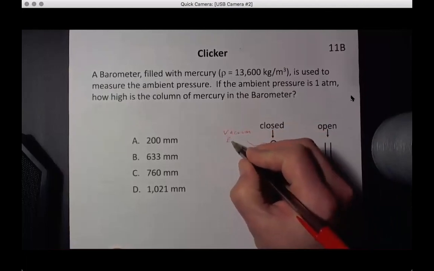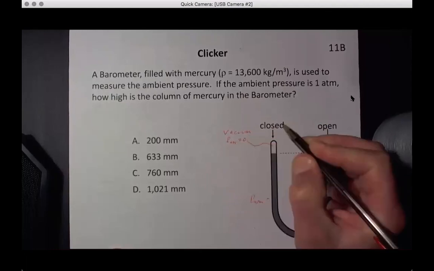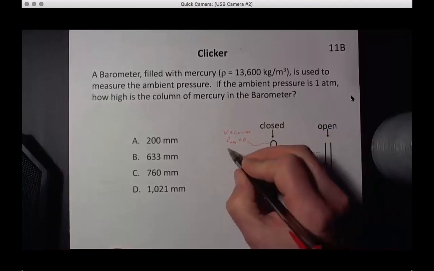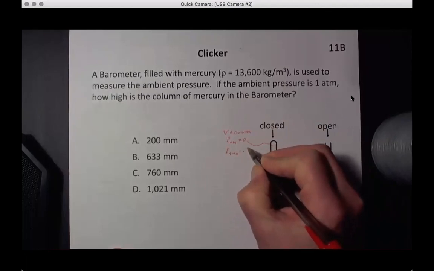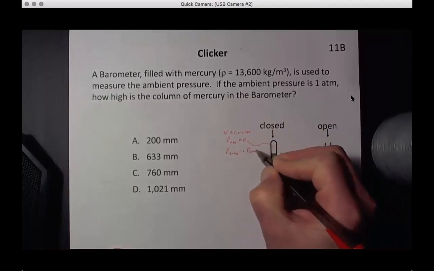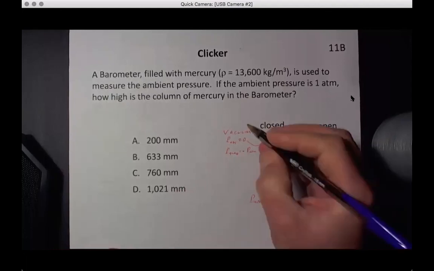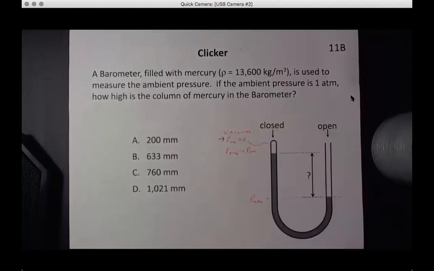So P absolute is equal to 0. P gauge is equal to minus P atmosphere. We're going to be using this one because why not?